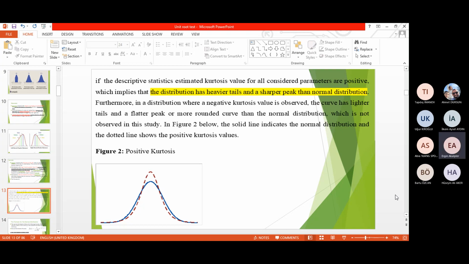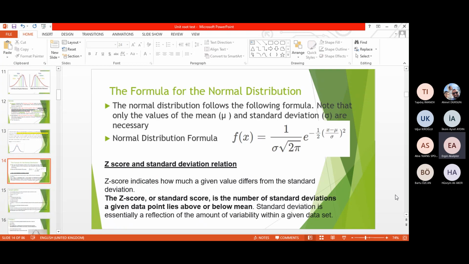I hope you are understanding this up to now. The formula for the normal distribution is given here. The normal distribution follows the following formula. Note that only the values of the mean, so-called mu, and the standard deviation, sigma, are represented.